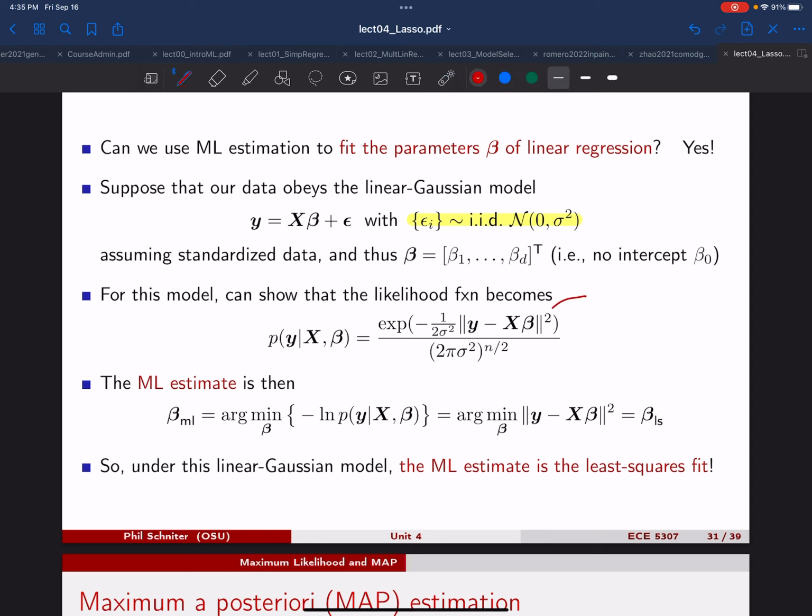If this is looking unfamiliar to you, that norm is the sum from i equals 1 to n of y i minus x i transpose that vector times beta, squared. That's what this squared norm is.